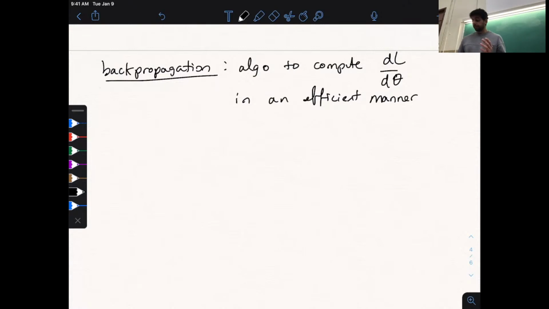And so you can compute the gradient just naively using the chain rule. But as we'll see, backpropagation is just a tweak on that, which allows you to cache some of the terms that you use to compute the partial derivative with respect to one parameter, and reuse them when you're computing the partial derivative of another parameter. But it's very straightforward.